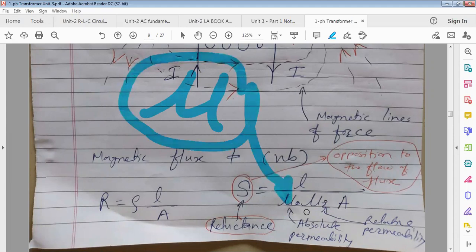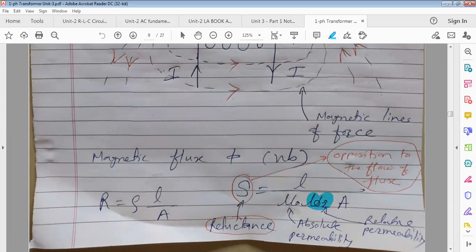Okay, so the relative permeability of silicon steel is very high, in some thousands. From material to material its value is different, like resistance for copper, aluminum, silver, gold is different, and conductivity and specific resistance also.